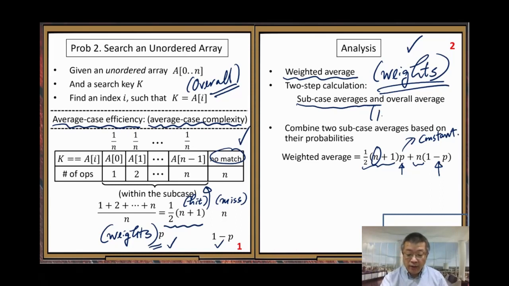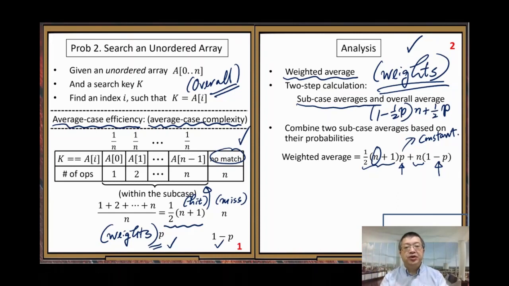So that is 1 minus 1/2 p times n, and then a constant term, 1/2 p. Okay, so two terms: the variable term and a constant term.